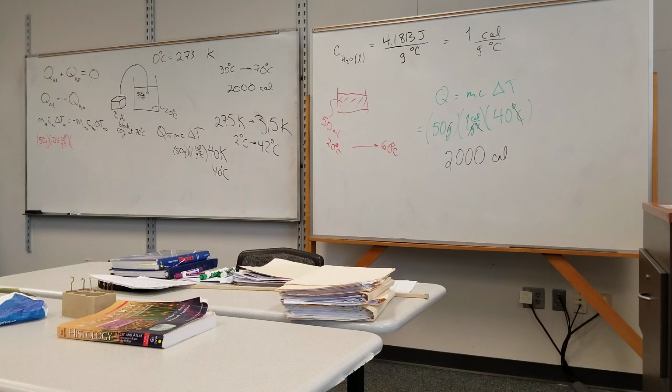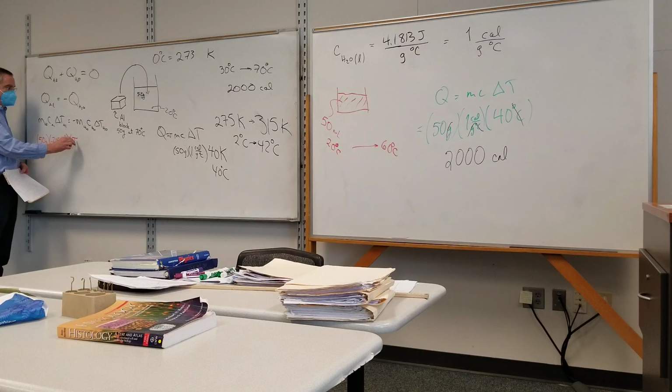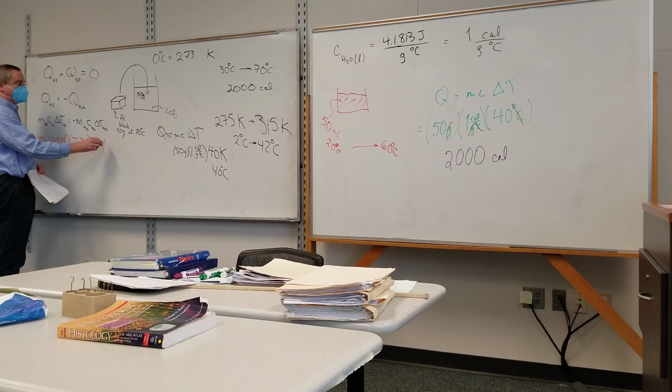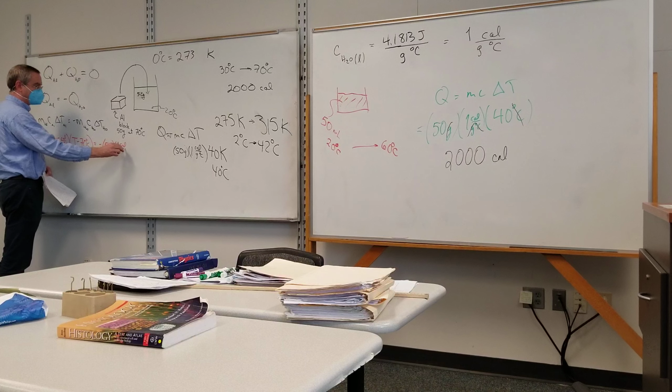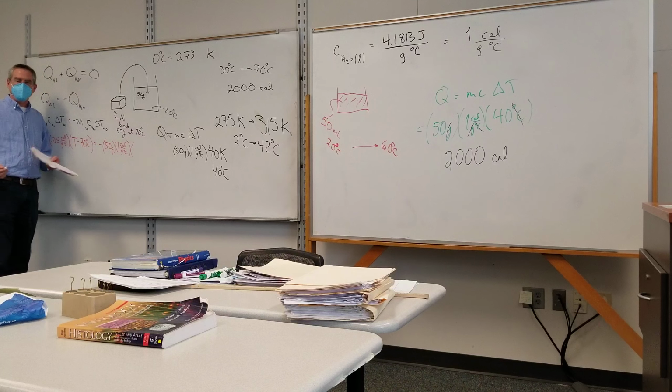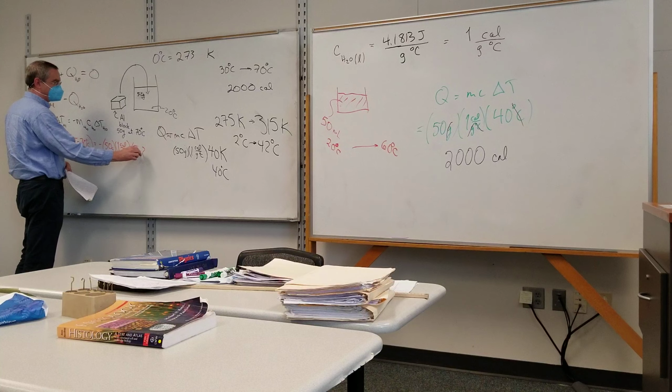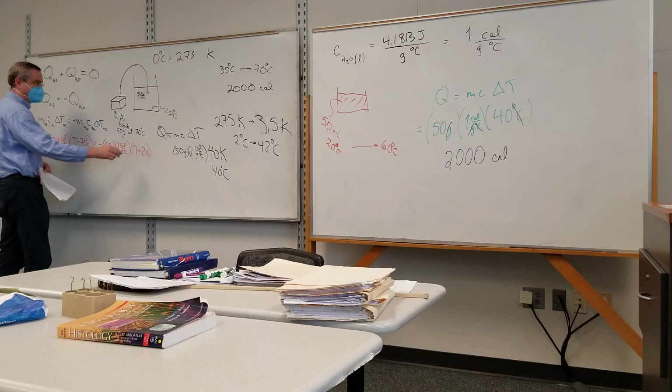I don't know what the final temperature is. That's my unknown. Minus my initial, which is 70. And that's got to be equal to, well, just plug in. I got negative, mass of my water is 50 grams. Specific heat, 1 calorie per gram degree Celsius. And change in temperature is, I don't know what the final temperature is, so that's my unknown.